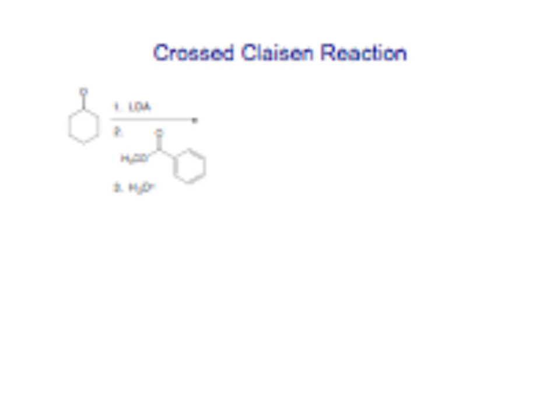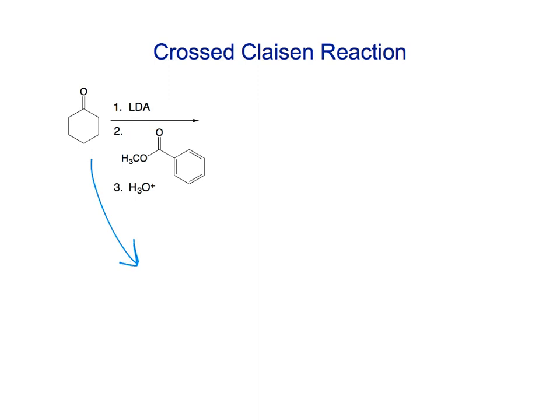We try to minimize just aldol condensation between the ketone, right? We want that enolate to react with the ester. Okay, so in this case, we are essentially going to deprotonate the alpha position, right?